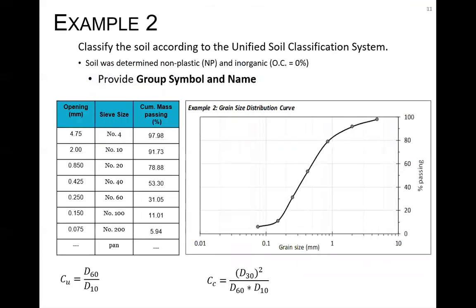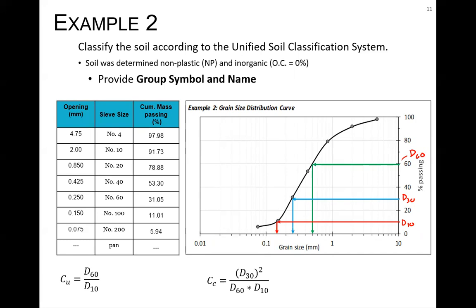If we were to calculate these, we need to find our D10, which is here, our D30, and then our D60. That corresponds to the diameter that is equivalent to that percent passing. So we read where it would intersect on the x-axis because we're looking for the diameter specifically.